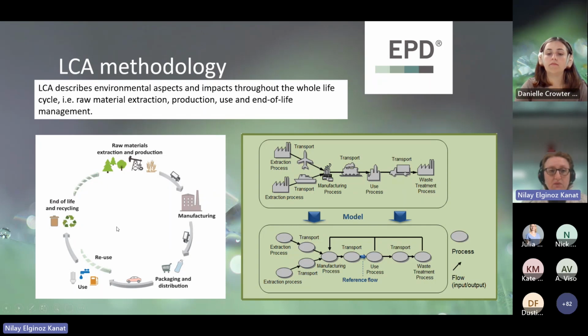And it might even start from cradle and go to the cradle, or it might go from cradle to grave. And sometimes you have these life cycle assessment studies from cradle to gate, where you don't include the use phase.